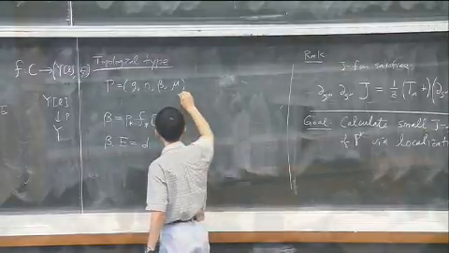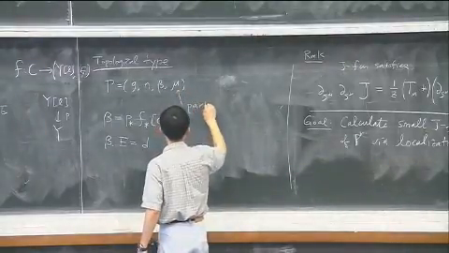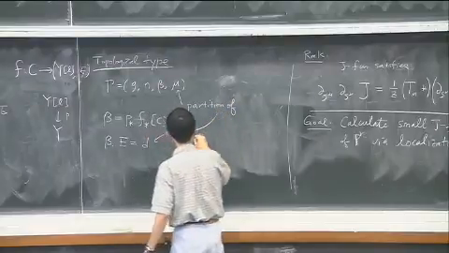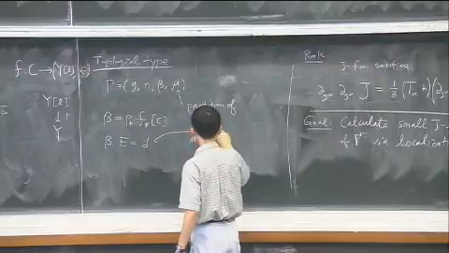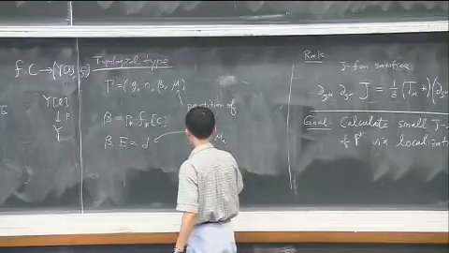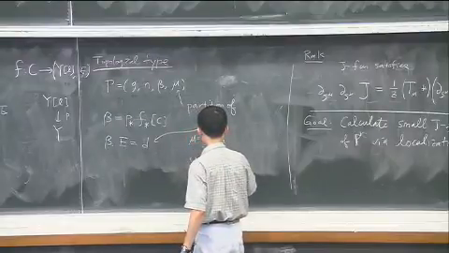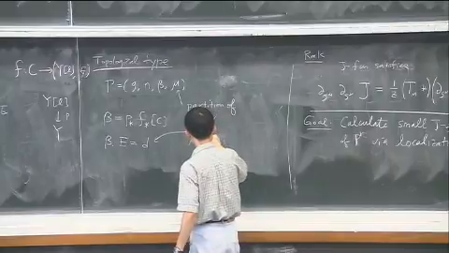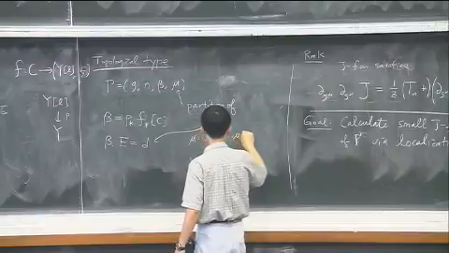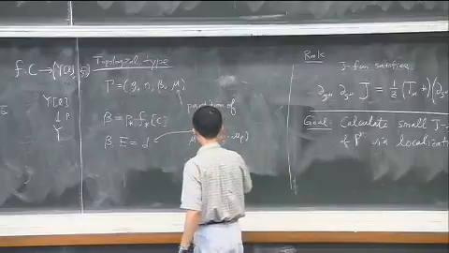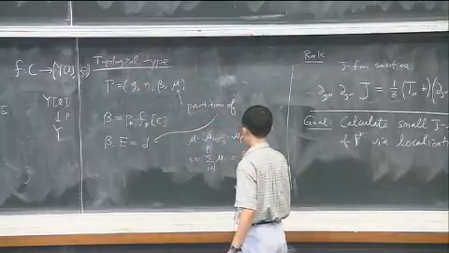This mu is a partition of this. In other words, mu is (mu_1, ..., mu_rho) such that the summation of mu_i from 1 to rho is the same as beta dot E.